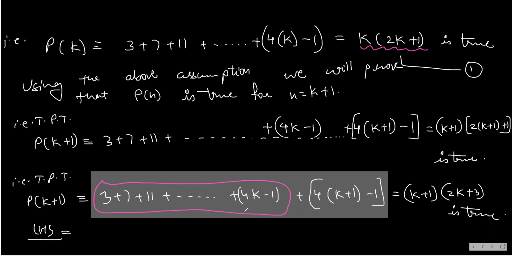So here we'll have LHS is k into 2k plus 1 plus, multiplying this 4 inside, 4k plus 4 minus 1.